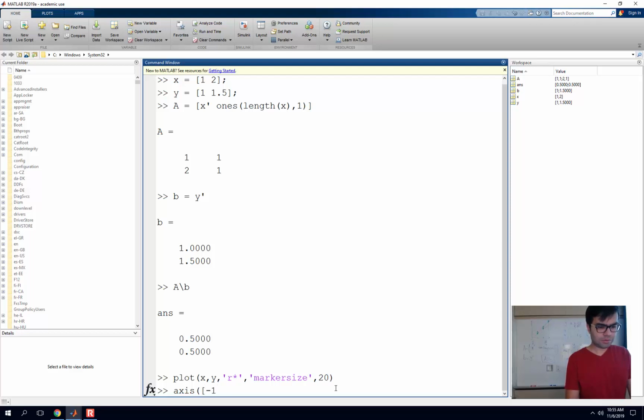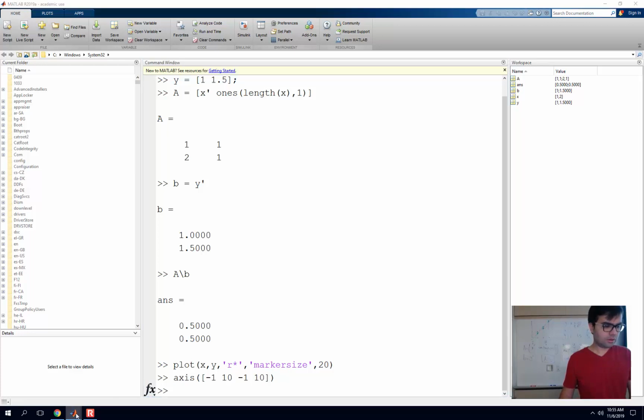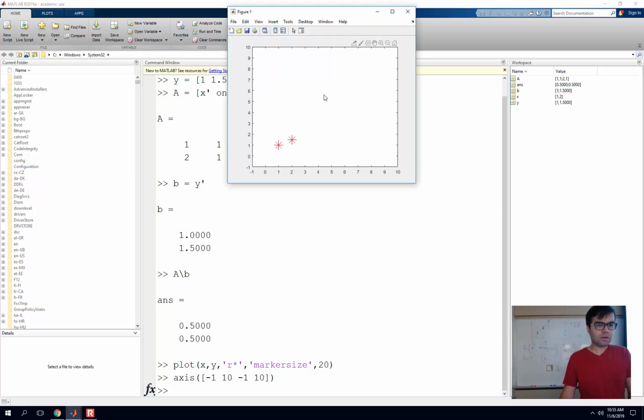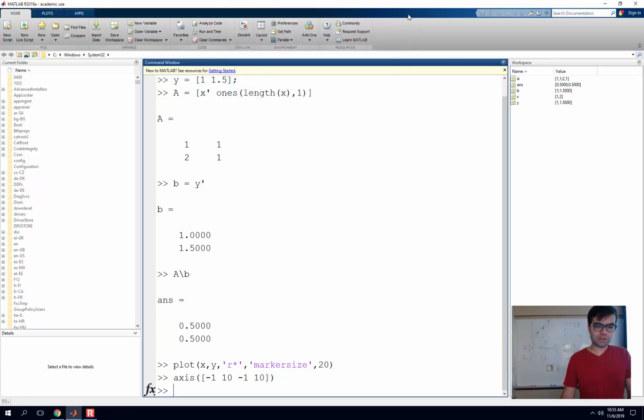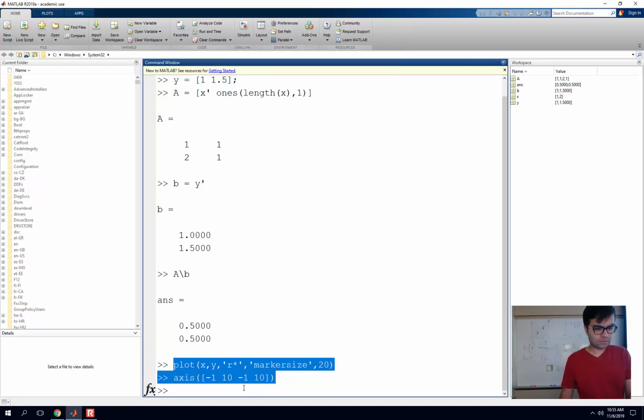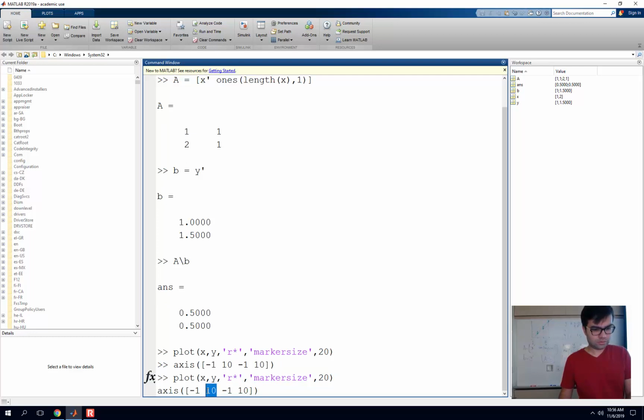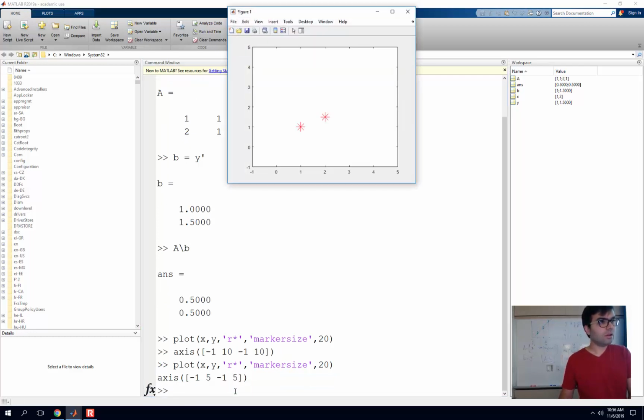It goes from -1 to 10 and from -1 to 10. Well, it looks like 10 is too big.